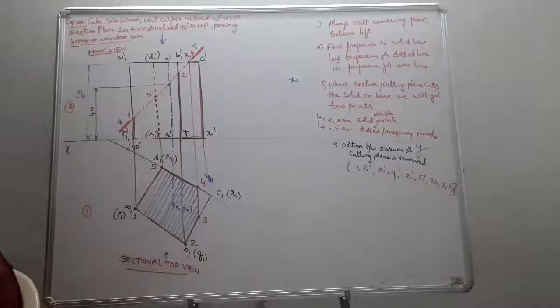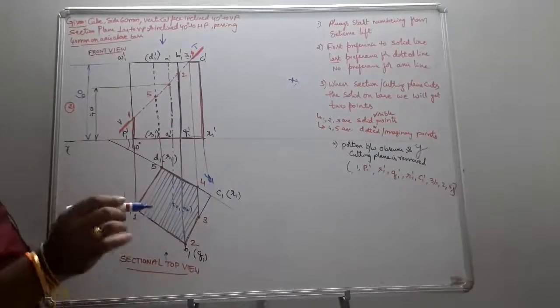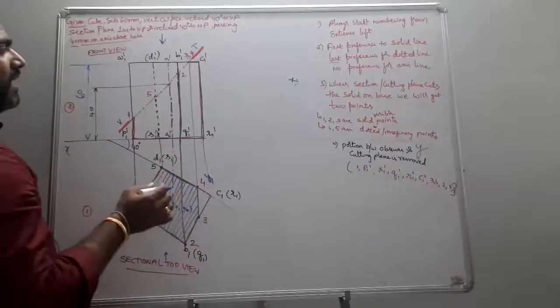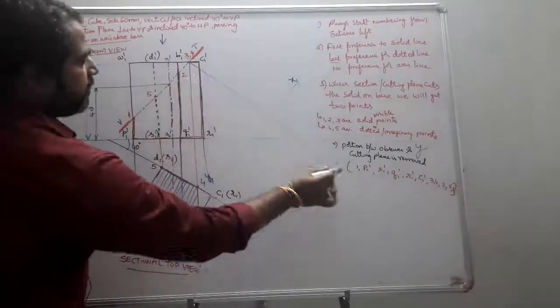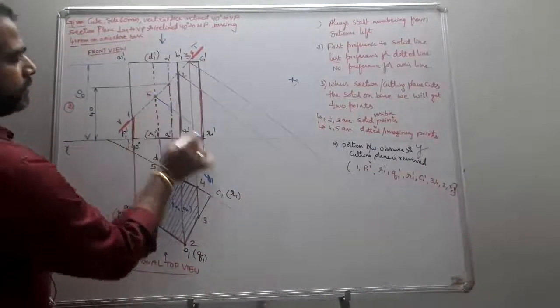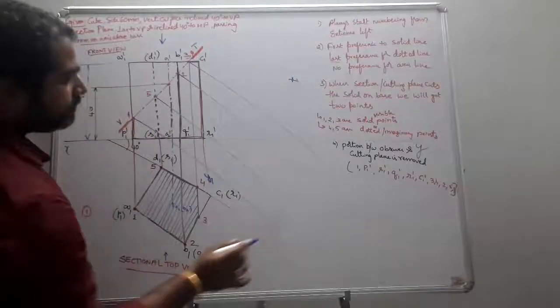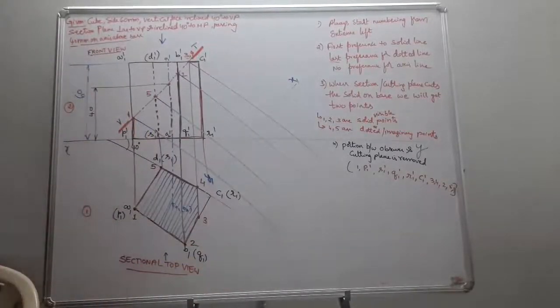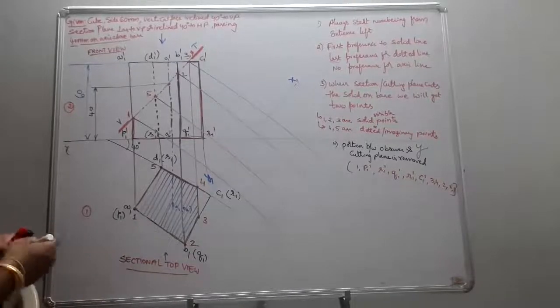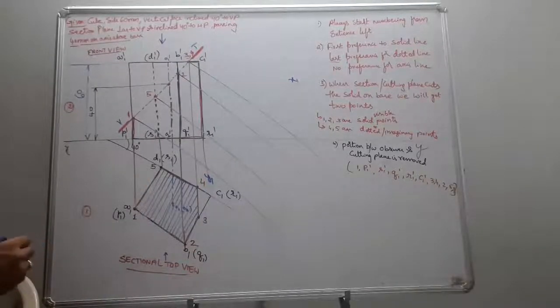From this new reference line x1, y1, we draw the perpendiculars from all the points on the VT to the new reference line. Once you have projected these points, you take the points 1, 2, 3, 4, 5 on the sectional top view. You take the distances from the old reference line and put them from the new reference line.